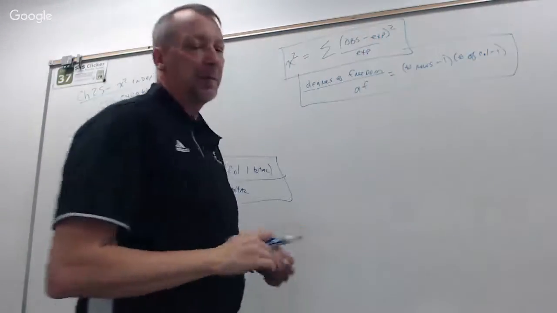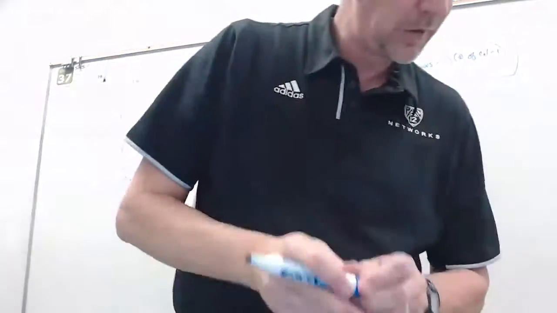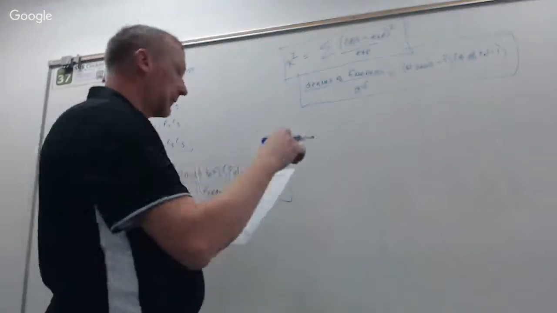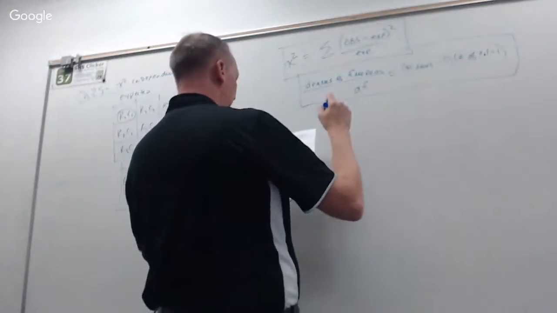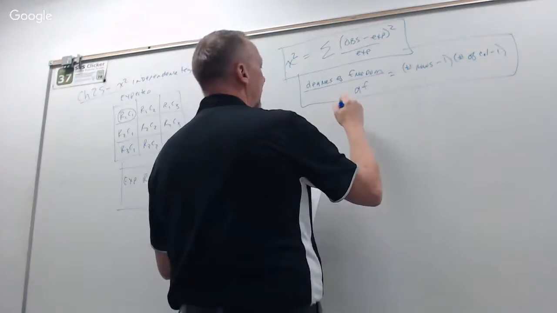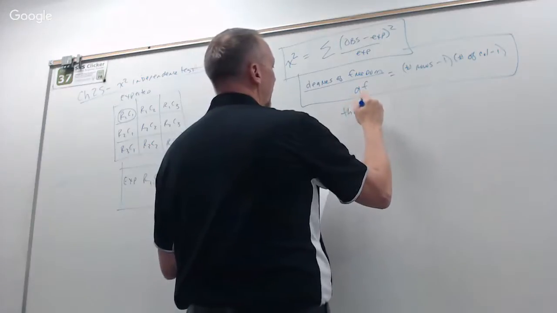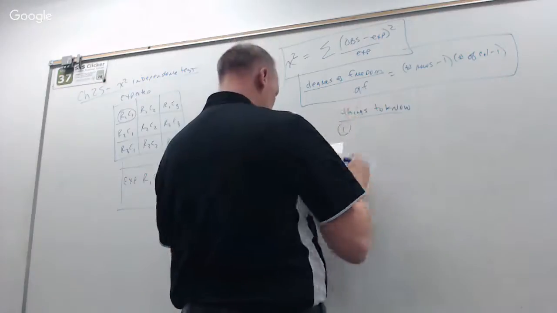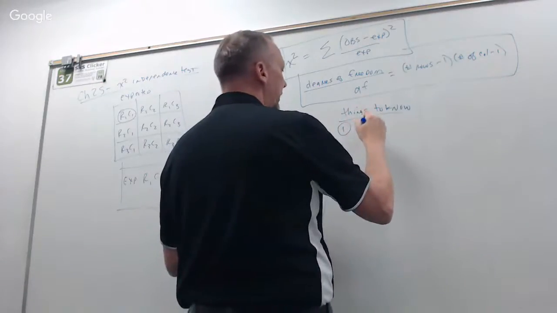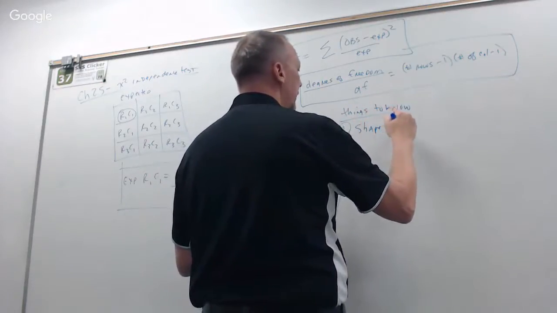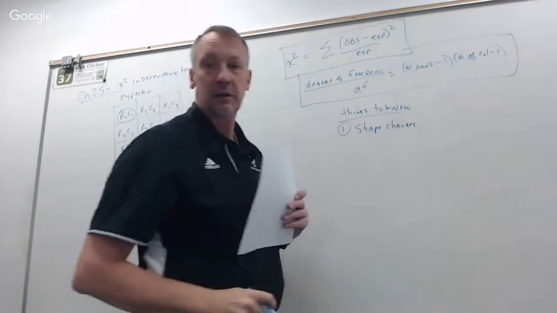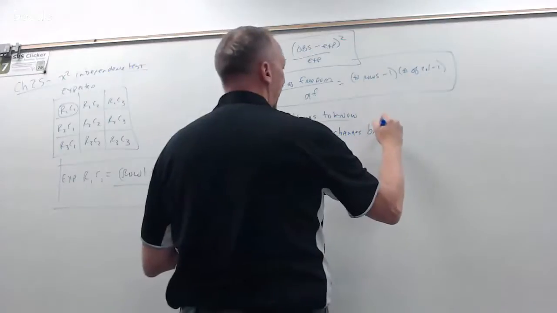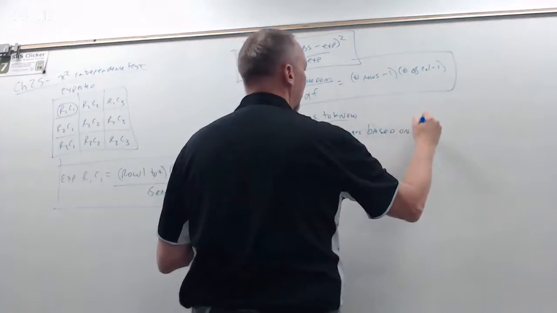Now, I probably should let you know a little bit more about the chi-square distribution. So we're going to digress for a minute. Things to know. Number one, the shape changes based on the degrees of freedom.